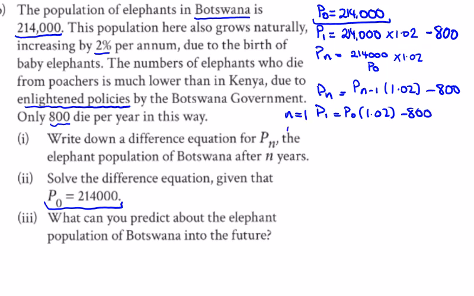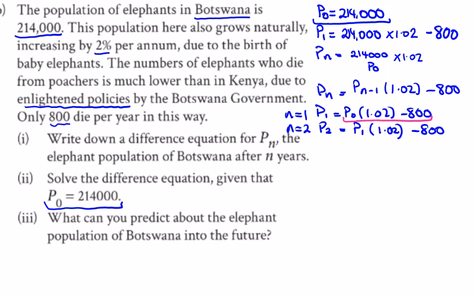Building it up, when n is equal to 2, we'll get P2 to be the population in year 1 by 1.02 minus 800. And to get it all in terms of P0, let's substitute P0 in for P1.